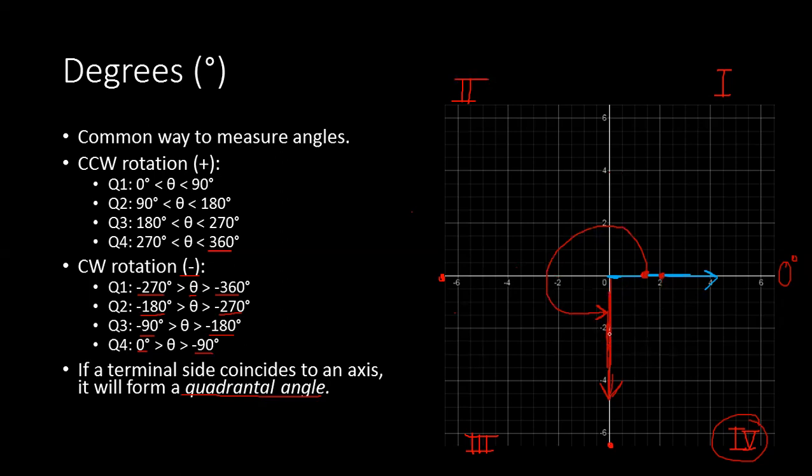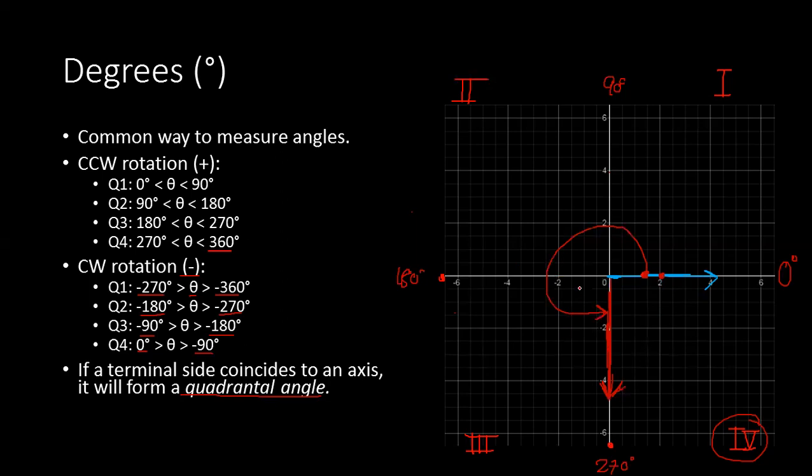That means here you will form a quadrantal angle. All right. So 0 degrees, 90 degrees, 180 degrees, then you have 270 degrees. That means 270 degrees is a quadrantal angle.